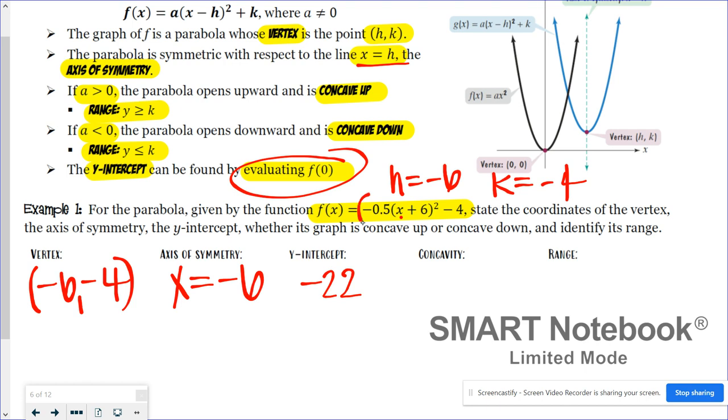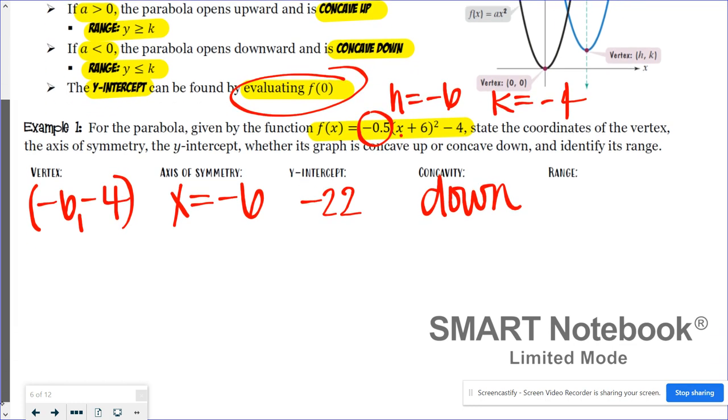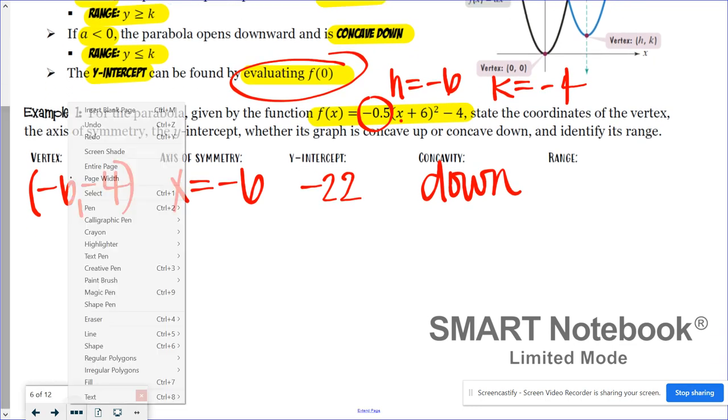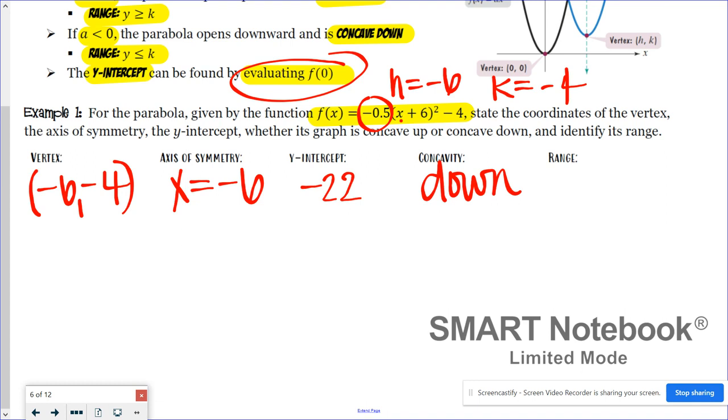Concavity, well, that a value is negative 0.5, so it's going to be concave down. Now for the range, you can refer to the rules up above, or I think a simple sketch works best because I know my parabola opens down and I know that my vertex is going to be at that maximum point there. So negative 6, negative 4 is the vertex.